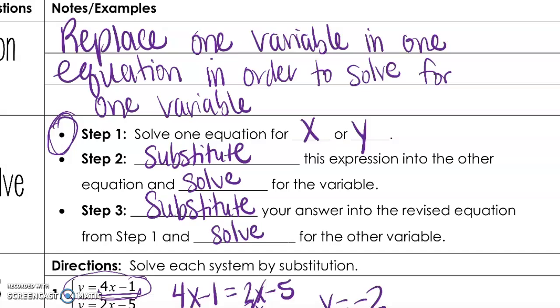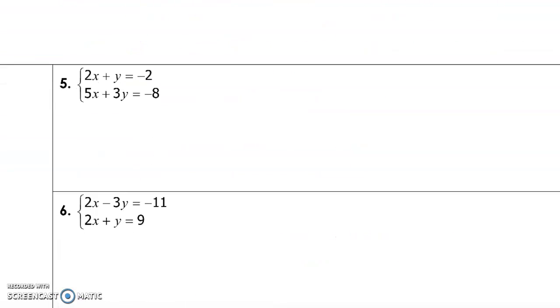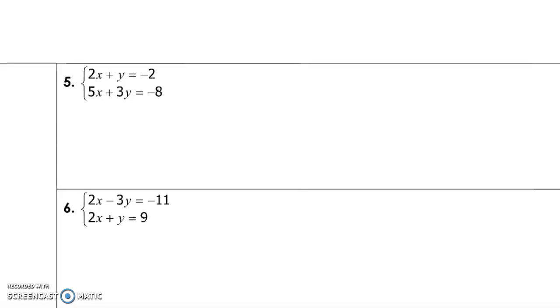If you do not have an x equals or a y equals, you have to make that happen first. If we look at number 5, when you look at all of your equations, what you hope is that you have either an x or a y that's already by itself, meaning it has a coefficient of 1. So that y is going to be the easiest to solve for.